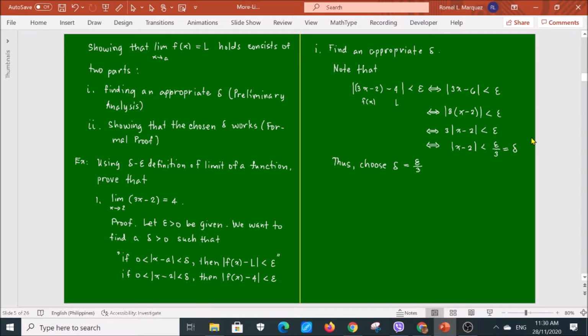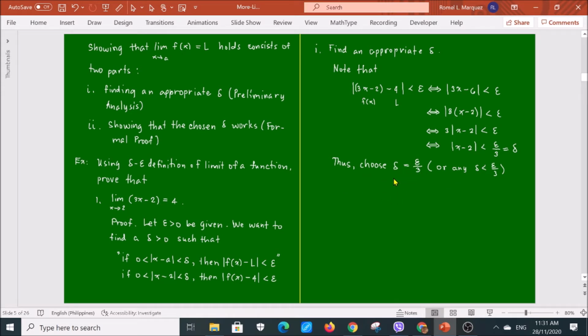So our delta is epsilon over 3. Actually, we can choose any delta that is less than epsilon over 3, you can also use. But of course, since we do not know the actual value of epsilon, let's stick to this, okay? Epsilon over 3.